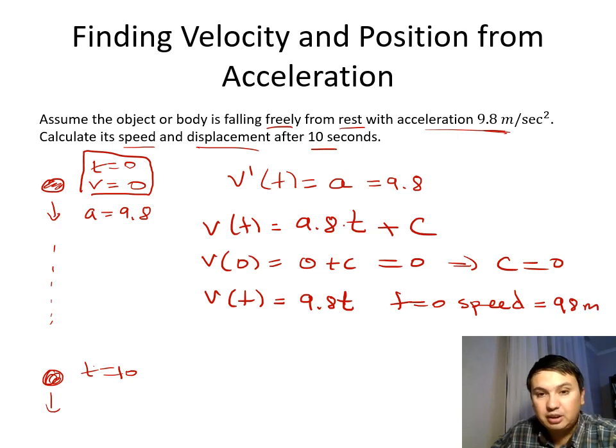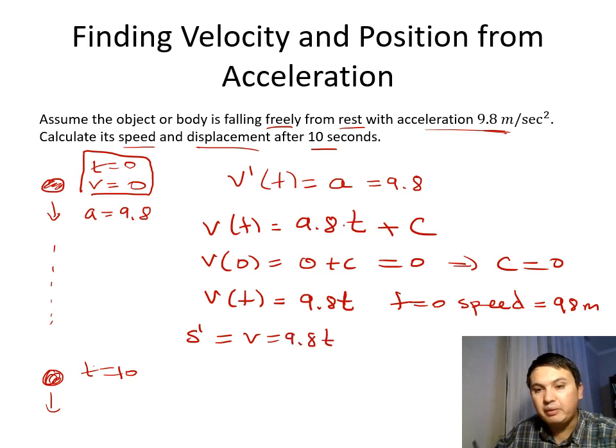All right, now let's try to find the displacement. We know that the derivative of the displacement is equal to velocity, which is 9.8 times t. Now again, we start thinking, for which function would the derivative be 9.8t? Well, t squared seems like a reasonable choice, because if you take the derivative of t squared, it becomes 2 times t.